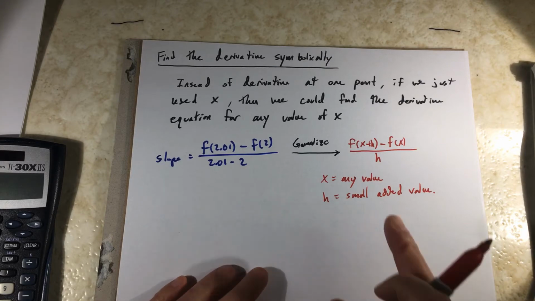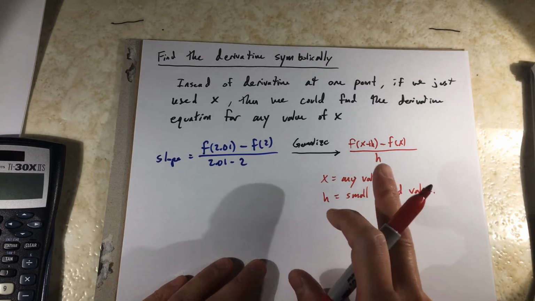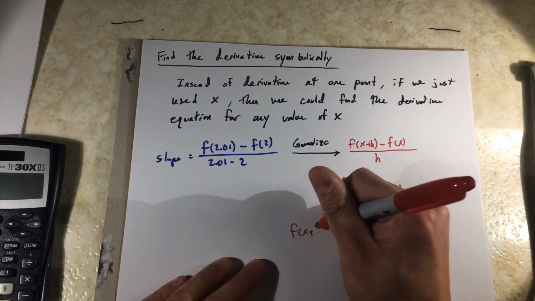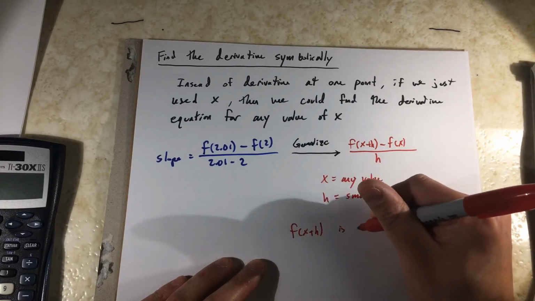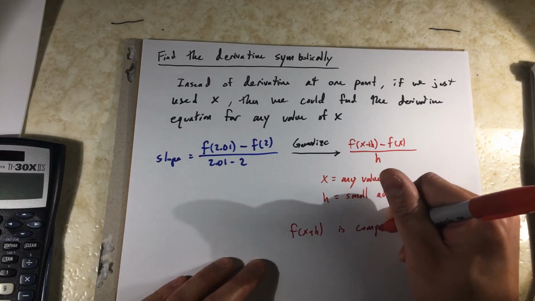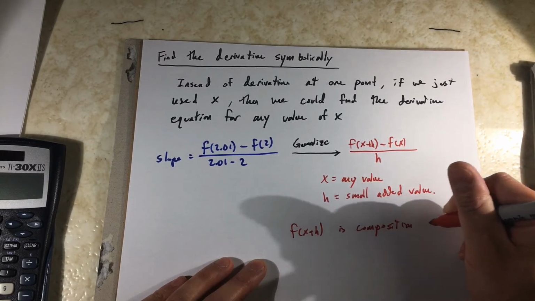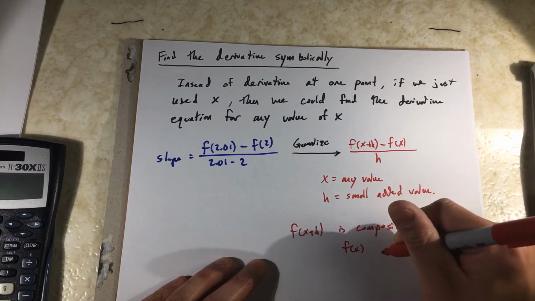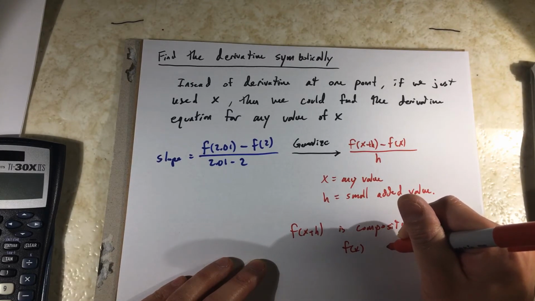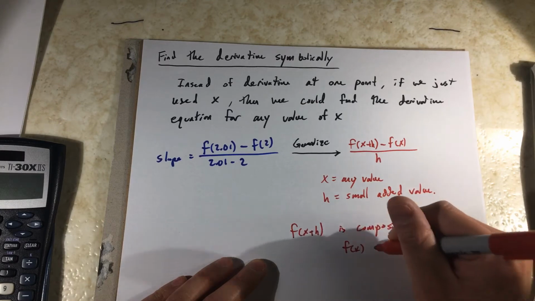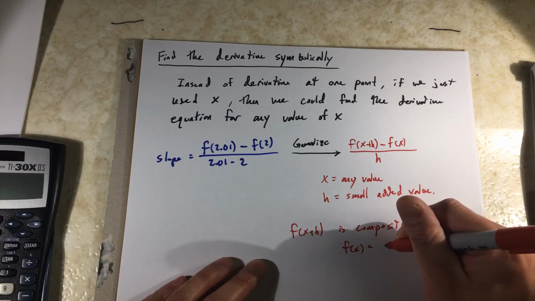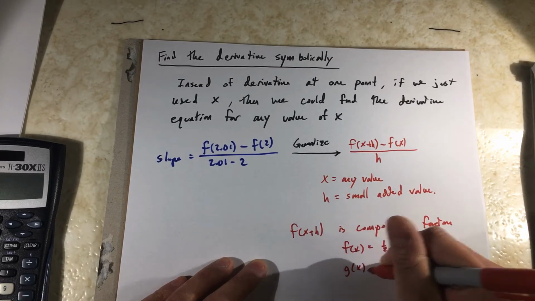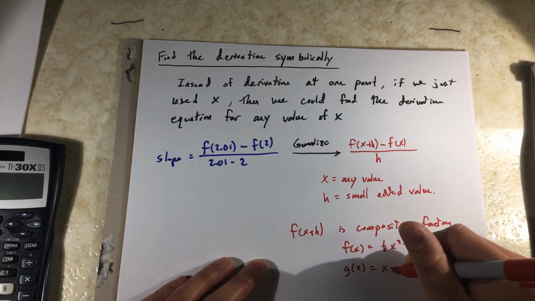Now, if you look at this, we have basically our old friend. So f of x plus h is the composition function of f of x, and so f of x is equal to 1/2 x squared minus 3, and let's say g of x would be equal to x plus h.